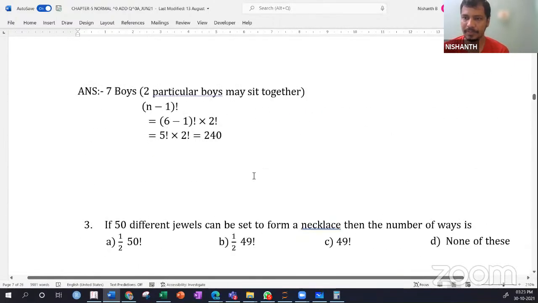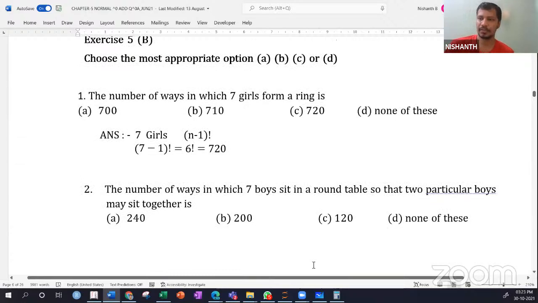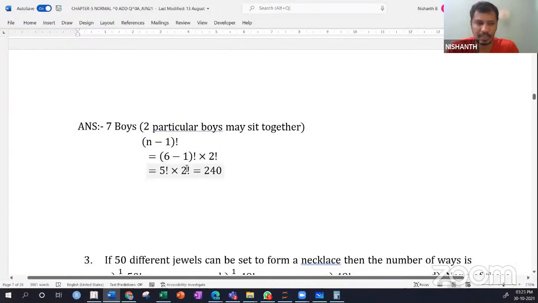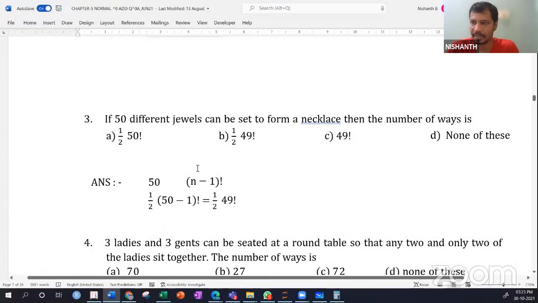We had done this kind of problems. Number of ways in which 7 girls form a ring, n minus 1 factorial. 7 boys sit in a round table, 2 particular boys may sit together, so you group them and then do the circular permutation. That also we had done.